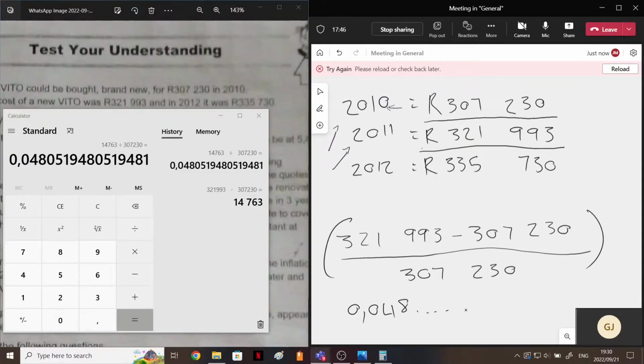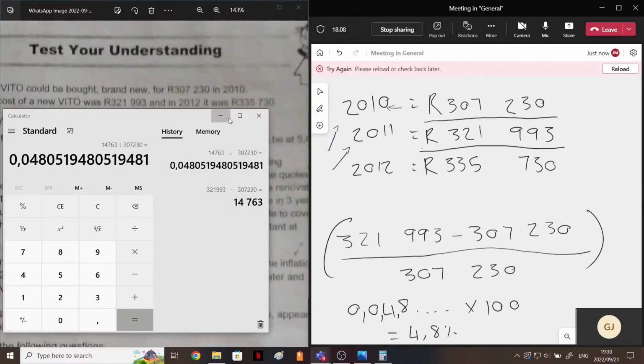And that entire thing we're going to multiply by 100 to get a percentage. In other words, the comma just moves 2 places. So from 2010 to 2011, the overall price of this Vito increased by 4.8%.